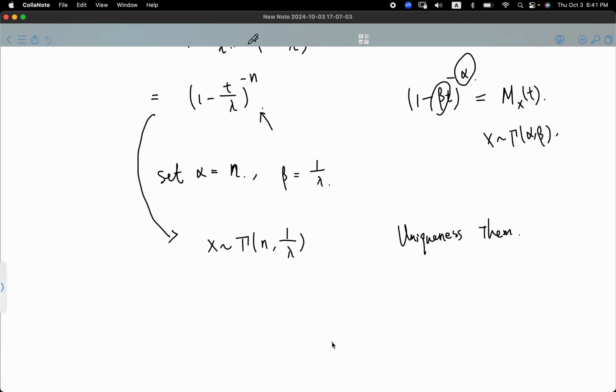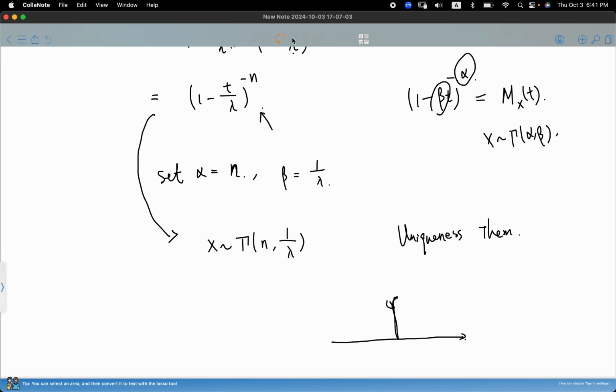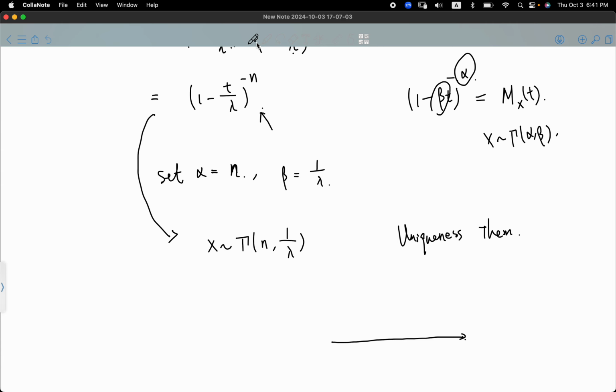So the idea is that, for example, in a normal distribution, although we are going to talk about the normal distribution next week, the first moment is usually the mean, the second moment is related to the variance, and the third moment is related to where the peak is and also the skewness.